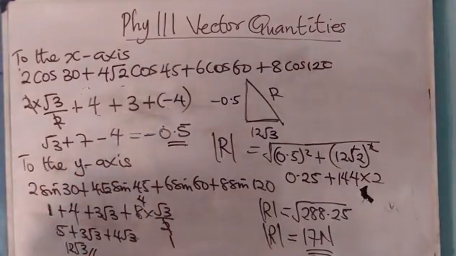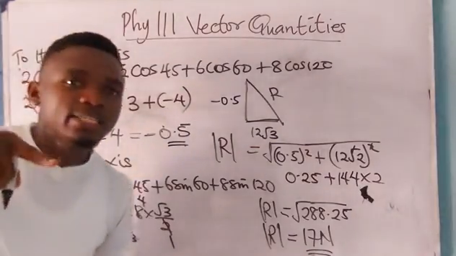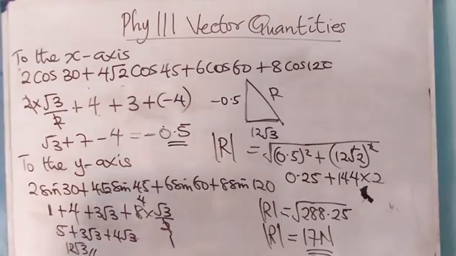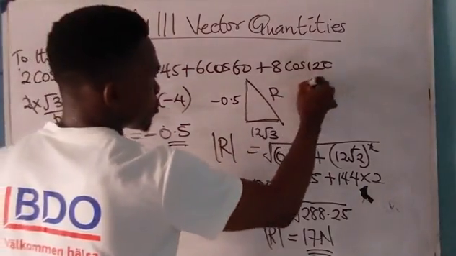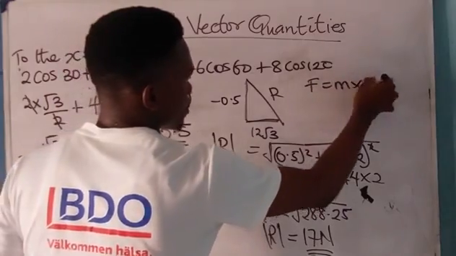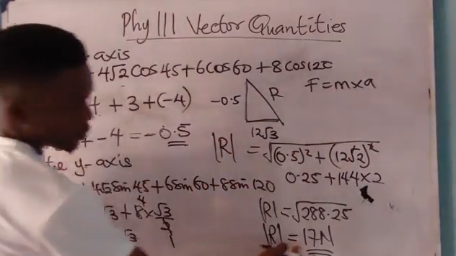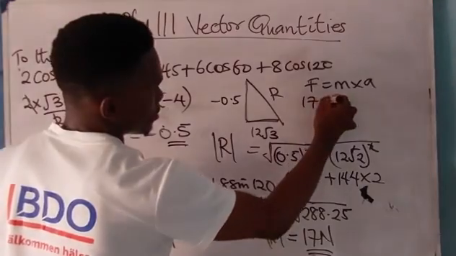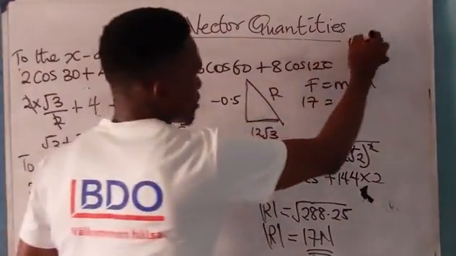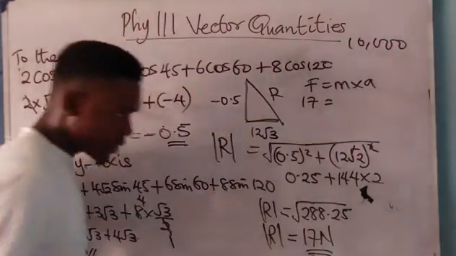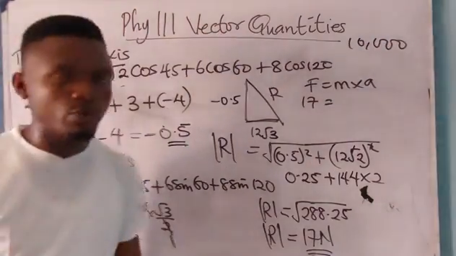Alright, so are we true? No. They said we should calculate the magnitude of the acceleration. Which means, you know that force is equal to m times a. Force is 17. Mass from the question is 10,000 gram. But we are not calculating in gram, we are calculating in kilogram.